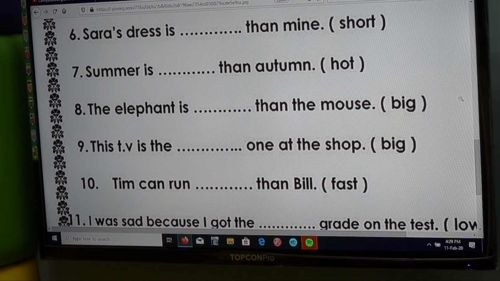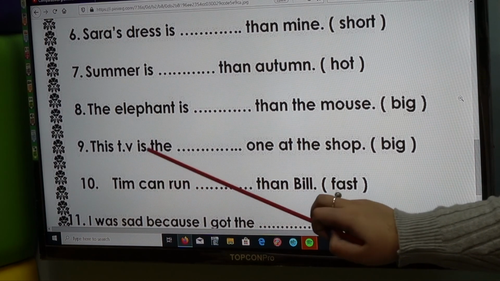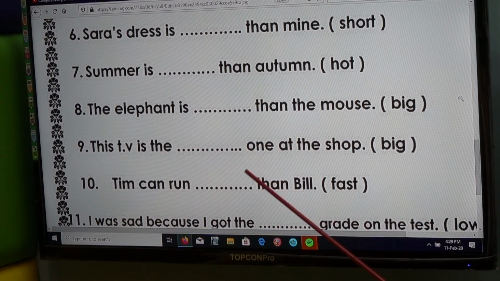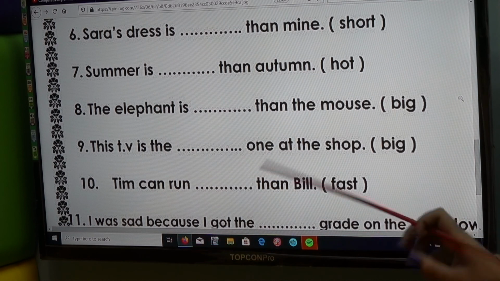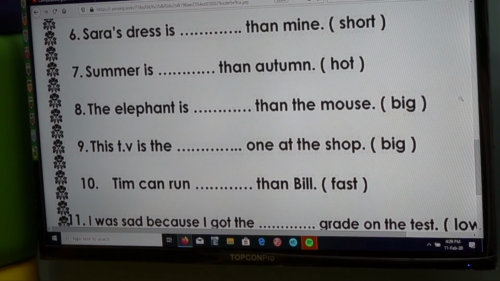Number 9. This TV is the what one at the shop? Okay. How many things are there? This TV is one, and at the shop. So in a shop, are there only 2 TVs?